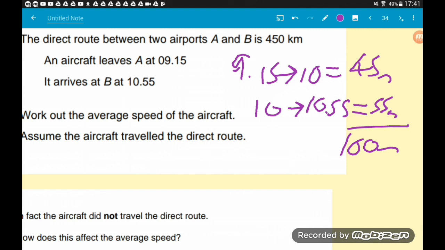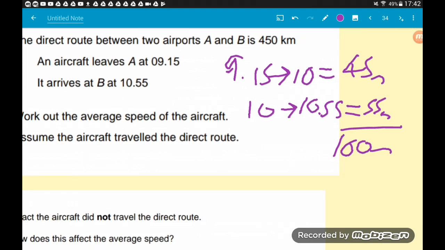Now, really we want that in terms of hours. So 1 hour is 60 minutes and then there's 40 minutes left over.